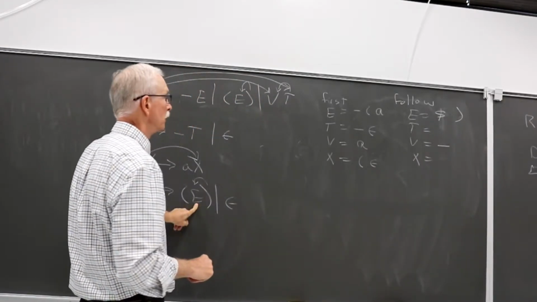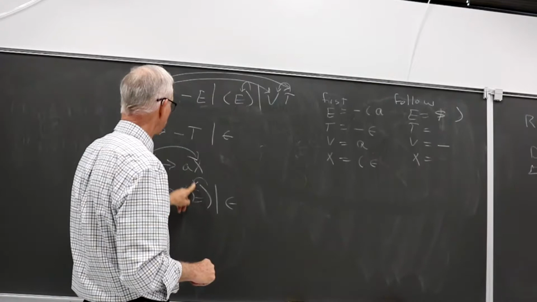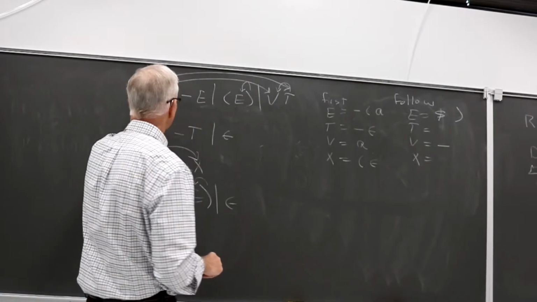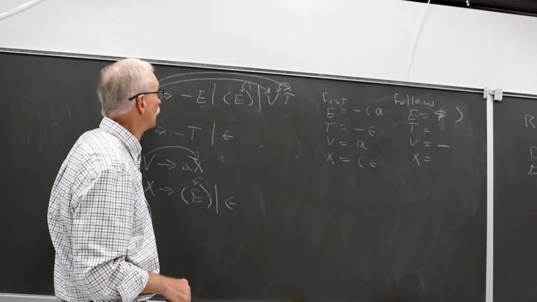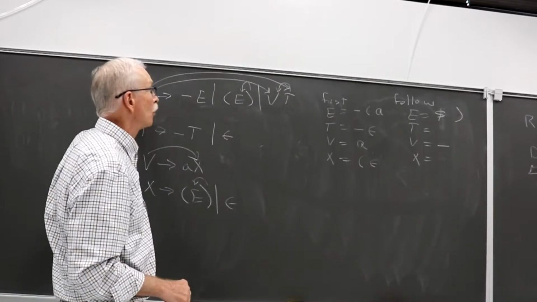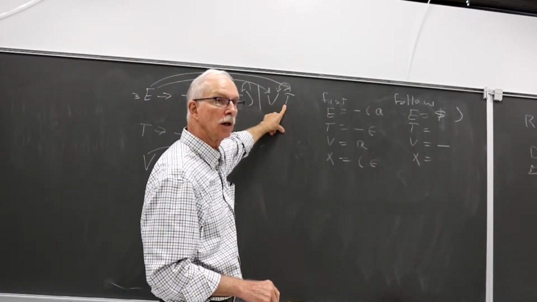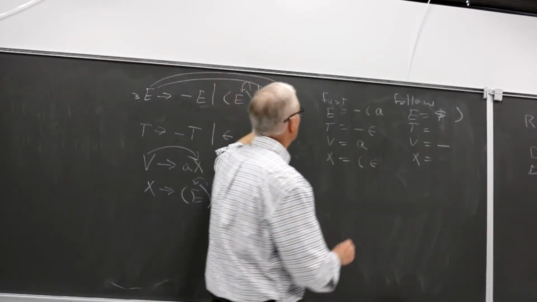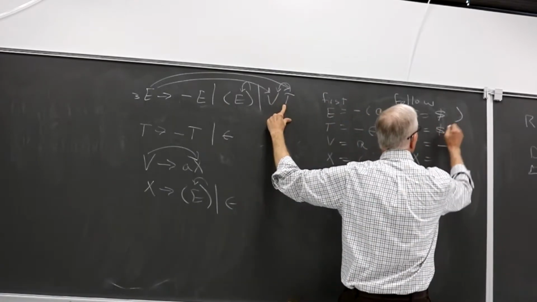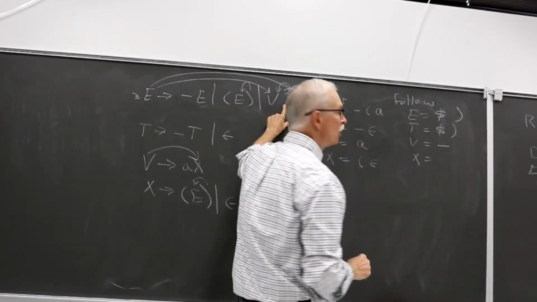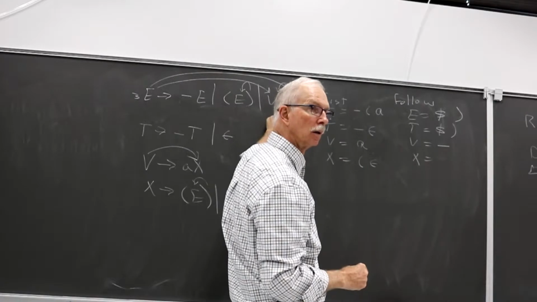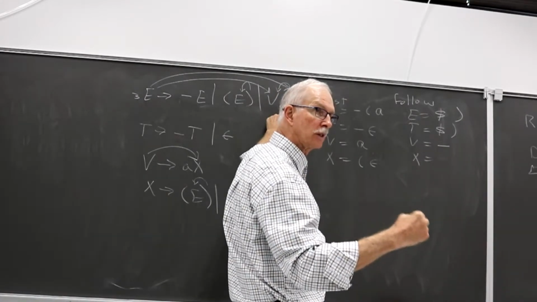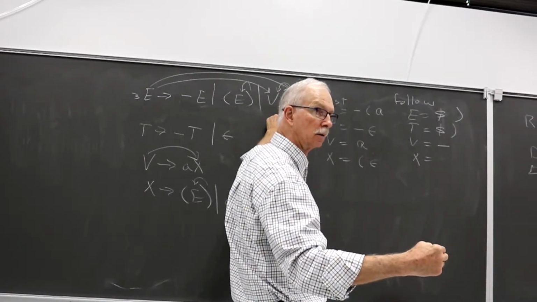The first of right paren is in the follow of E. The follow of E is in the follow of T. Can T disappear? Yes. It can generate empty, so it's as though it was never there.